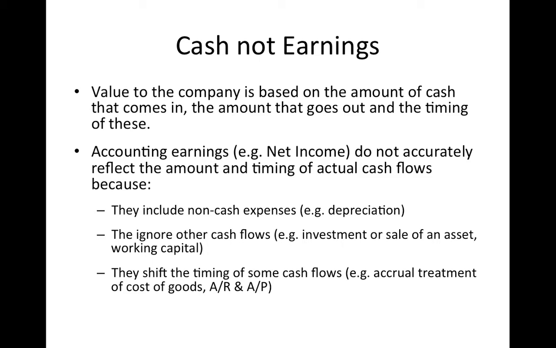Money that you maybe can delay paying because of accounts payable, there's a benefit to that, and that doesn't necessarily show up. And so, again, it really disrupts the amount and the timing of cash flows. And then, of course, most accounting is done on an accrual basis, which means that you're shifting in the accounting statements the timing of when you recognize expenses and so forth, in some cases, to a different time than when the cash actually flows.